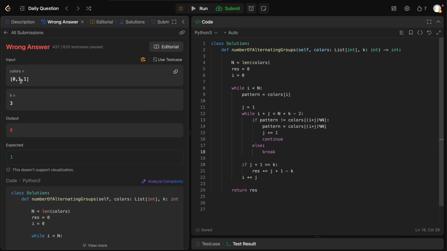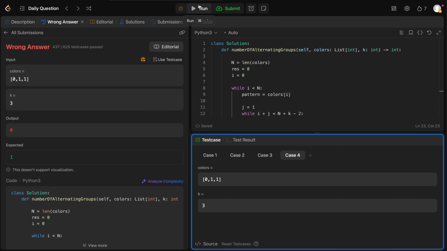Then I had 1, so this passed, and I had 2, and this did not pass. So this one did not pass. This one's interesting. Print i, j. Use this case. Let's run this.